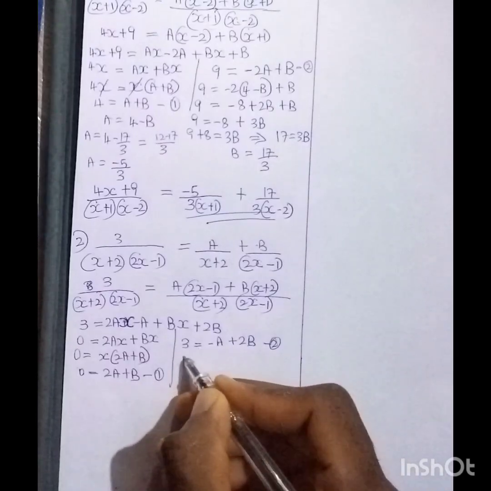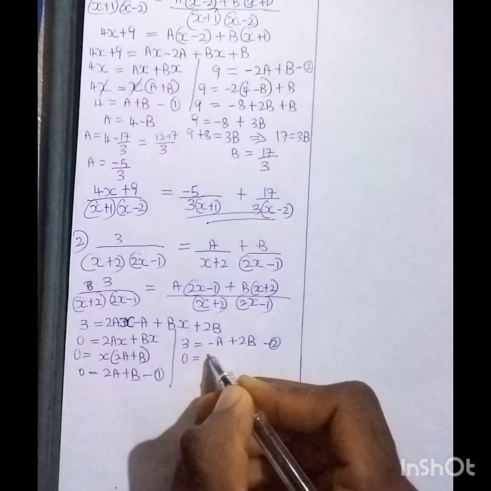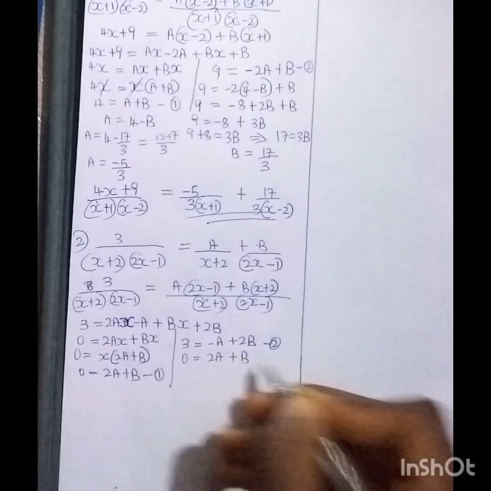Let's bring this one here as well. 0 is equal to 2a plus b.